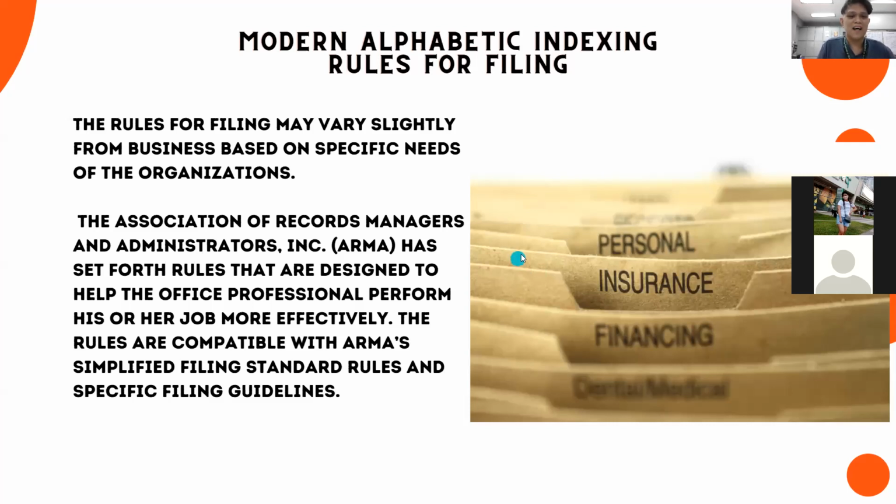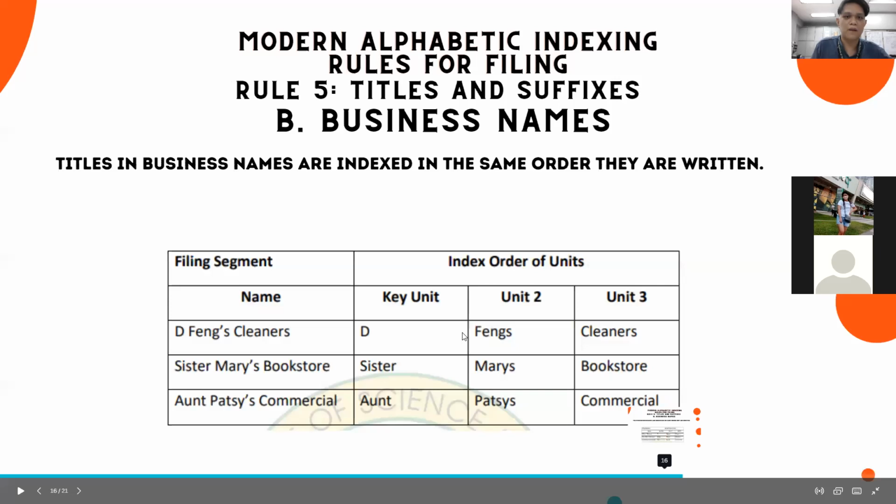The rules are compatible with ARMA's simplified filing standard rules and specific filing guidelines. For example, you will see later the samples of ARMA's filing system in a modern alphabetic index. As you can see in the picture, it identifies where the file belongs, like personal, insurance, financing, or dental and medical. So they have the first rule. These are the rules of ARMA.